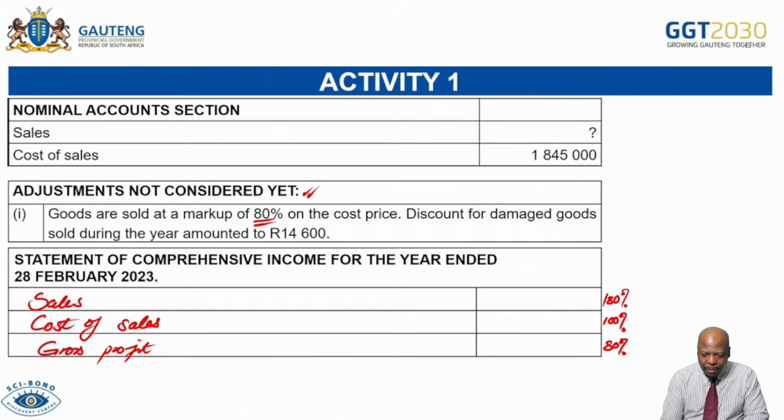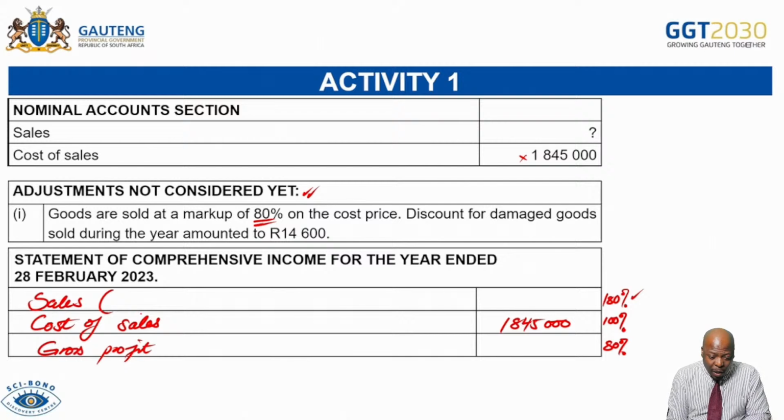And then what am I given? I'm given my cost of sales. All right, so that is already in your answer book, 1,845,000. Now, I need to get my sales. So I'm coming here, I need to get my sales. So I know that what I want is the 180%. You can see that 180%.